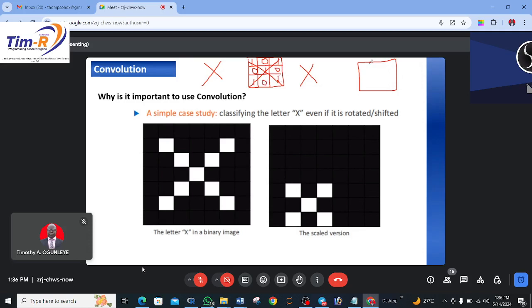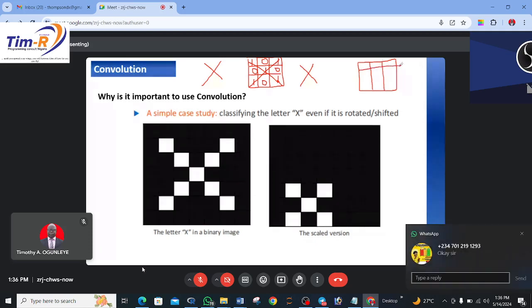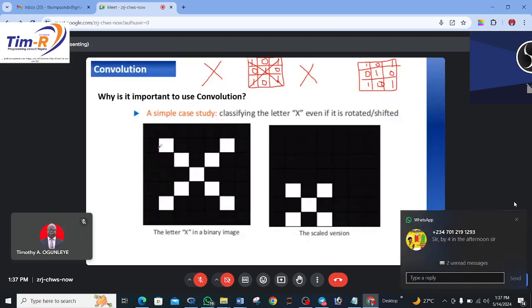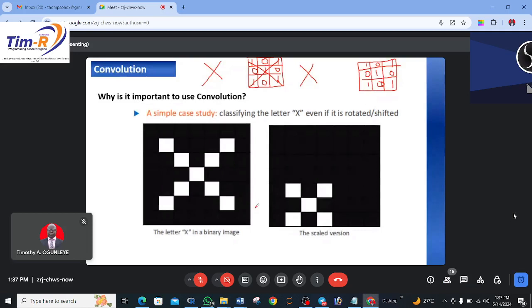So the pixel representation of my X is 1, 0, 1, 0, 1, 1, 0, 0, and 1. That's just the way to give a pixel representation, or binary image, where all the black spots are 0, and the white spots are called 1.